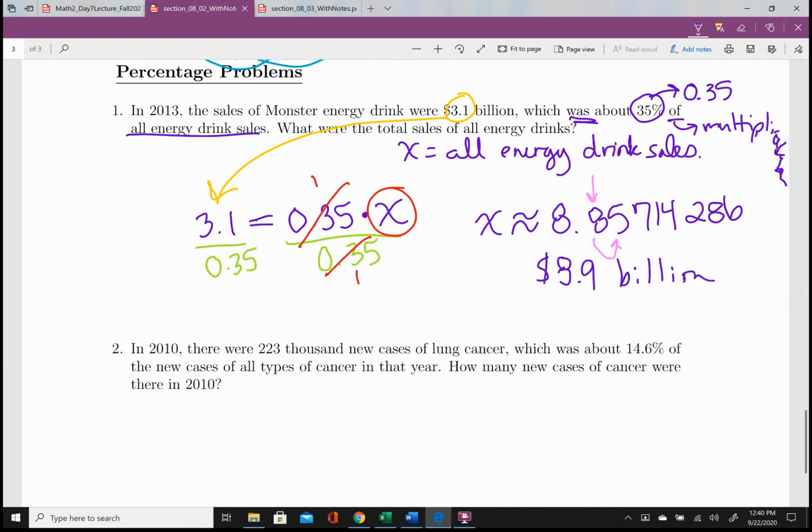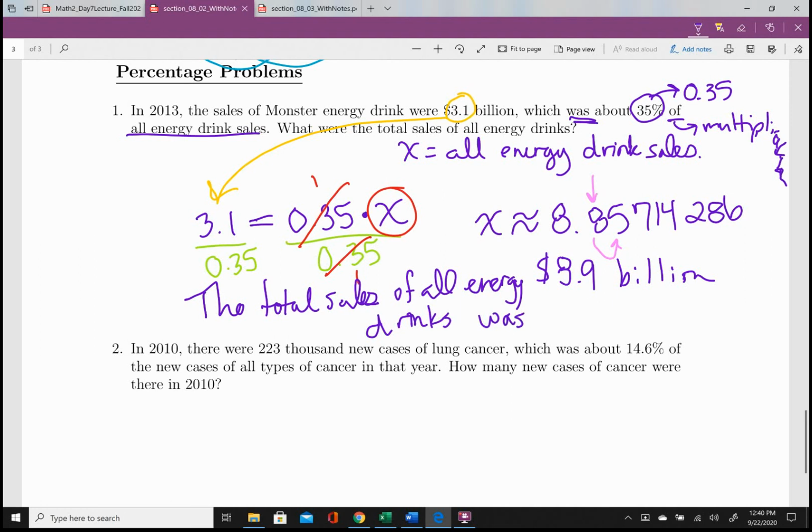But let's go ahead and put that in the form of a sentence. The total sales of all energy drinks was $8.9 billion, period. Okay, and that'll do it.